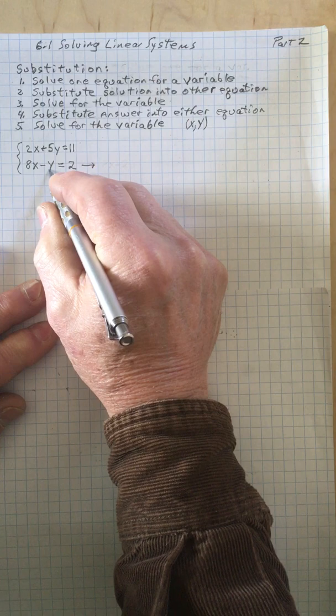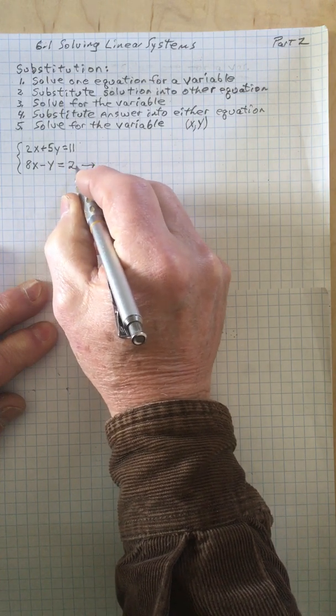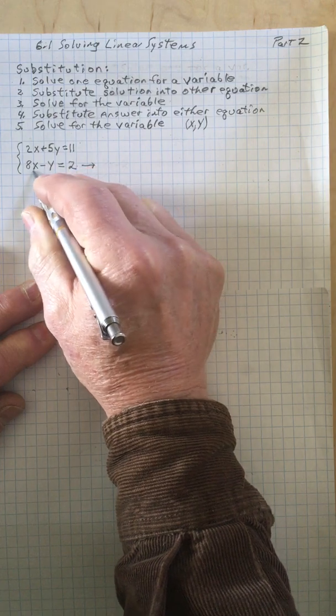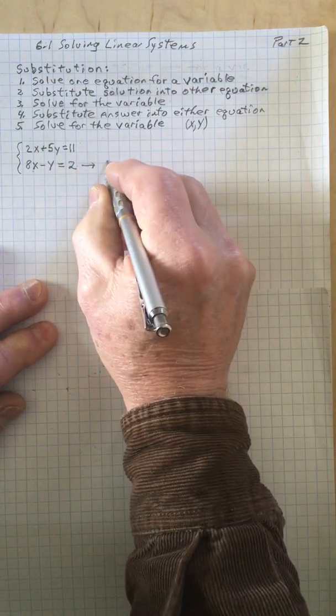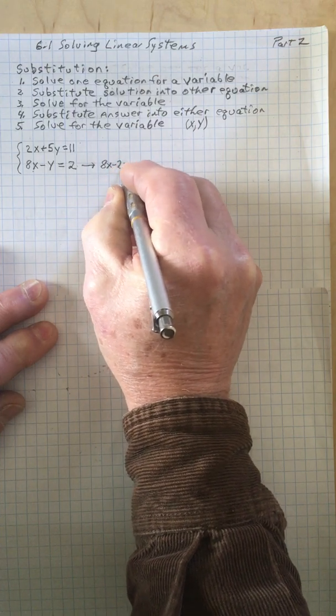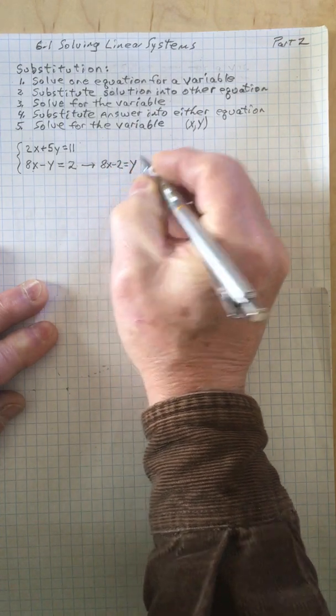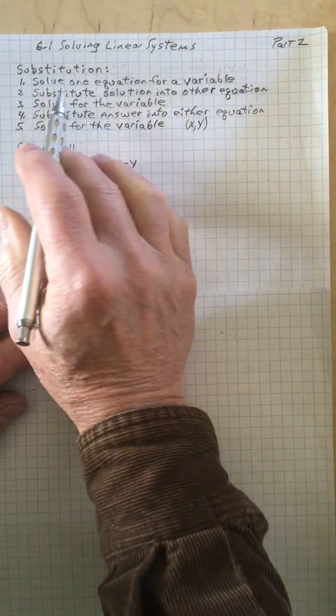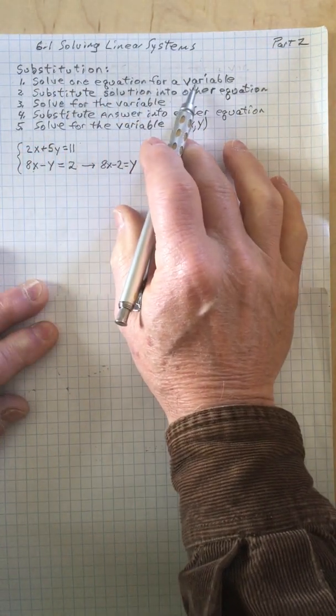Makes less work. So if I move y over here and I subtract 2 from both sides, I'll wind up with this. So that's pretty easy to solve for y. Okay, so we've solved one of the equations.